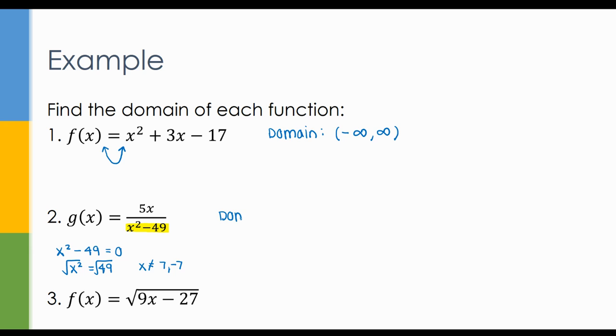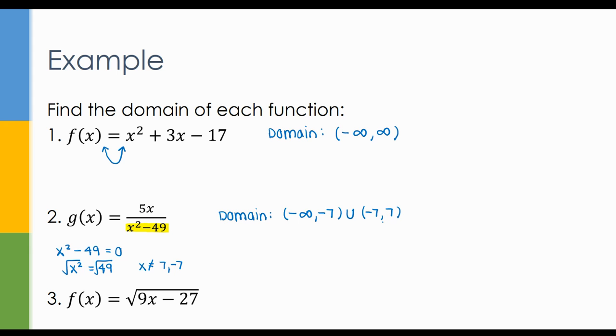So as far as writing our domain, that means that I can have any negative number going until negative 7. But remember, I don't want to include negative 7. So here's the first part of my interval. So negative infinity to negative 7, not including negative 7. Okay, but that's not the only part that I can plug into x and then get real numbers. So on the right side, I can go to the right of negative 7 up until positive 7, but I also cannot include that number.